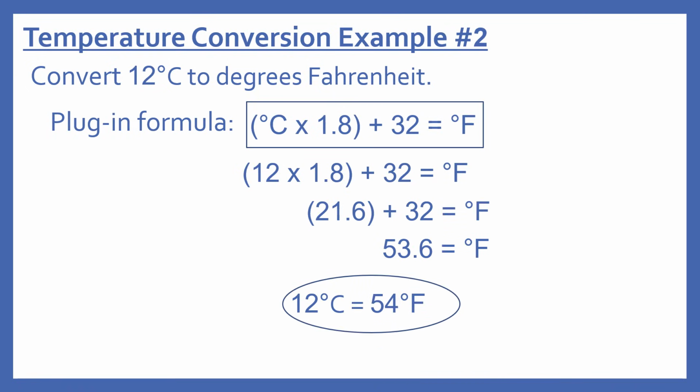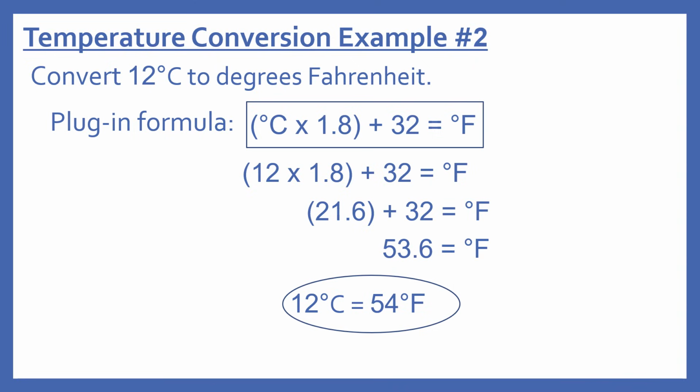Now we have example number 2. Convert 12 degrees Celsius to degrees Fahrenheit. First we'll look at our plug-in formula. We're using the same one because we're finding Fahrenheit again. So degrees Celsius times 1.8 plus 32 will give us our degrees Fahrenheit. We just plug in the 12 for the degrees Celsius.